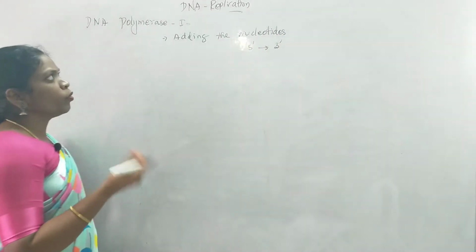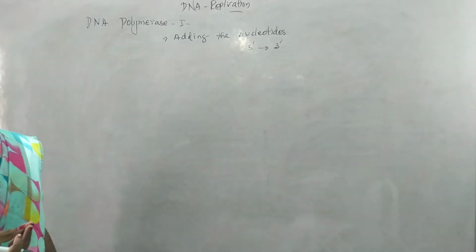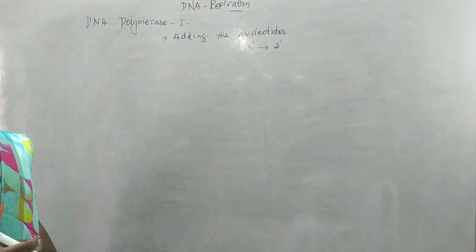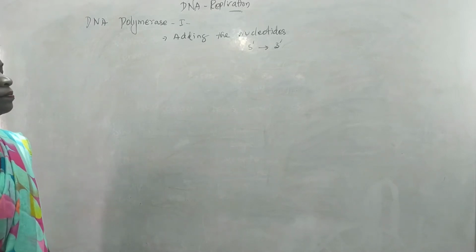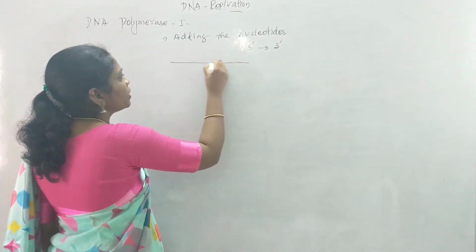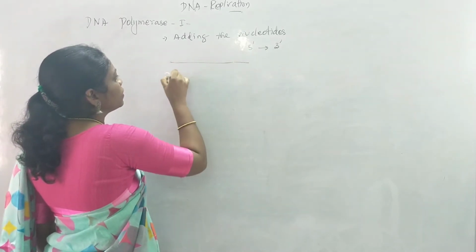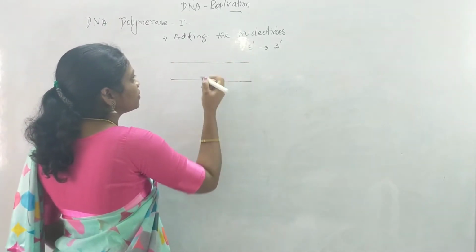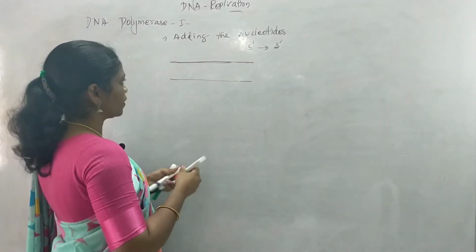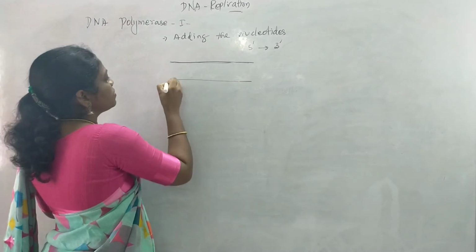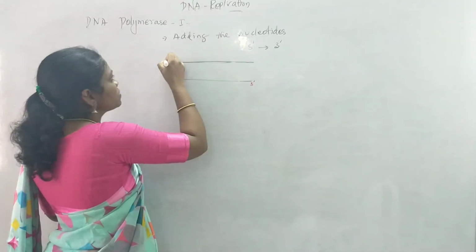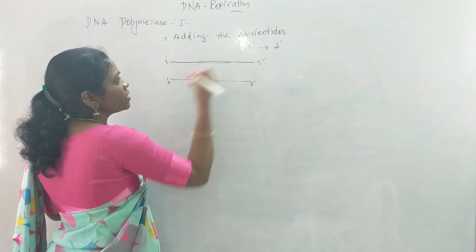Before knowing about replication, we should know about the direction of DNA replication. If you take one strand of DNA, the other strand is here. This strand will be from 5' to 3' direction, and this is from 3' to 5' direction.